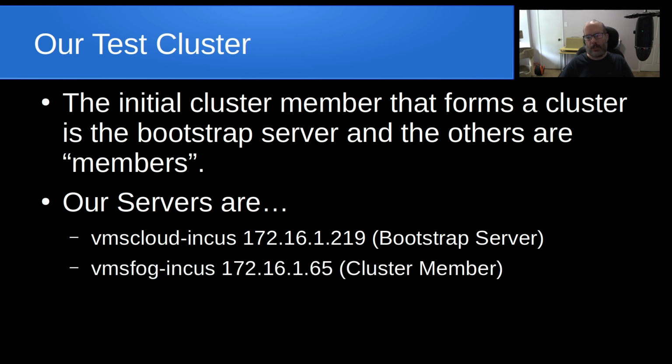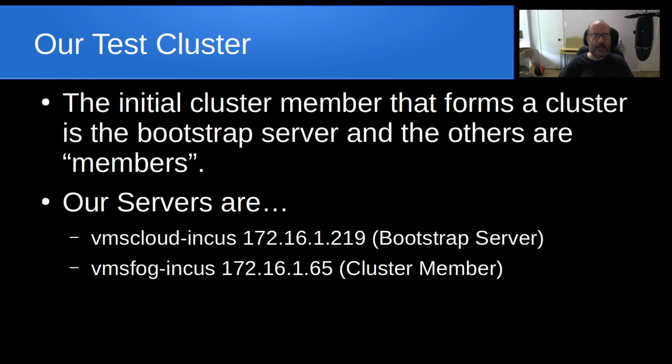Our second server, VMS Fog-Incus, is going to be our first cluster member after the bootstrap server, and that machine also has containers on it. However, when we join it to the existing cluster that has VMS Cloud-Incus on it, the containers on VMS Fog-Incus cannot be included.